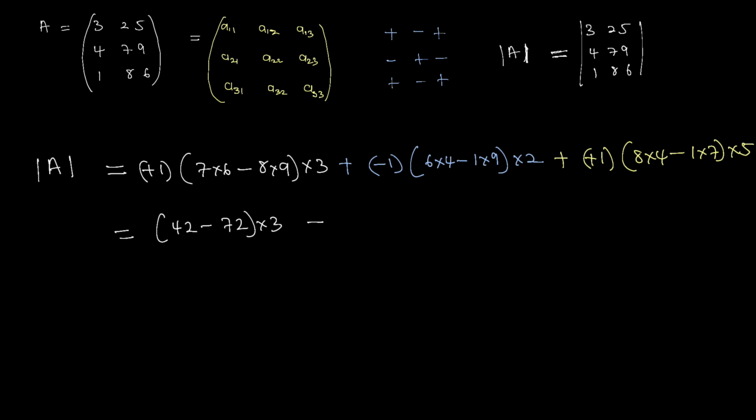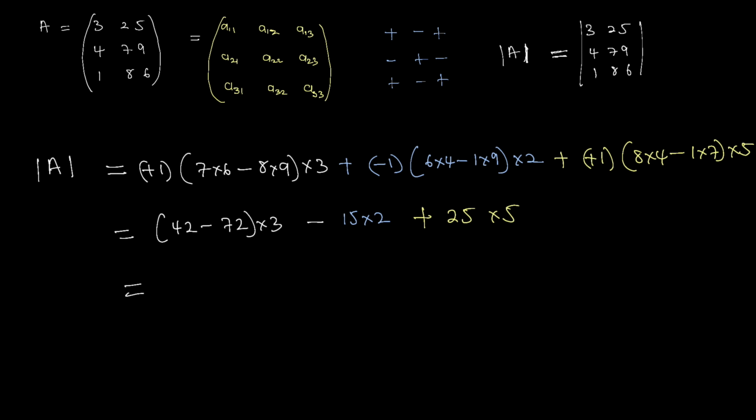Minus, because the sign is minus here: 4 times 6, 24, minus 9, I'm getting 15 there. 24 minus 9 is 15, and 15 times 2 is 30, so that will be minus 15 times 2. Plus 8 times 4 minus 7. 8 times 4 is 32, 32 minus 7 is 25, 25 times 5.